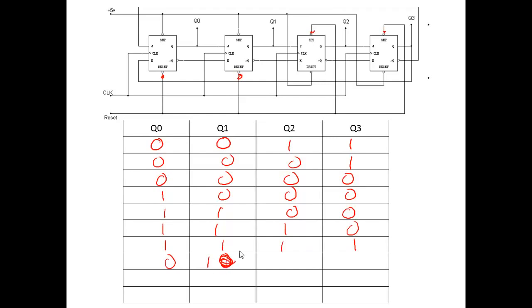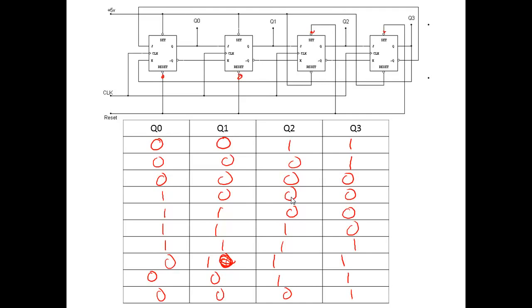Oops, sorry. You can see that sometimes I get thrown off here. It's easy to do. And that becomes 0, 0, 0, 1. So this is just like the last one, except we started kind of in the middle.